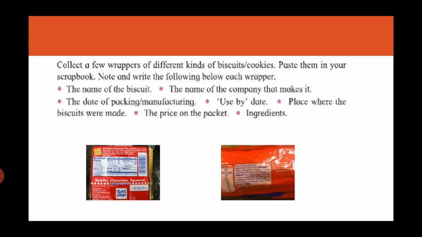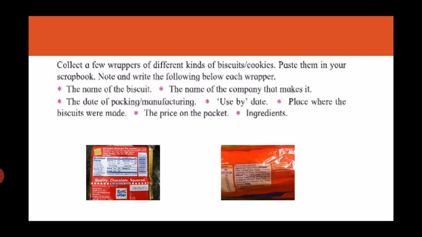So note down the use by or expiry date also from the packet. You can also find the place where the biscuits were made, whether they were made in India or in some other country. Note that down. Then note down the price on the packet, the cost of the biscuit.